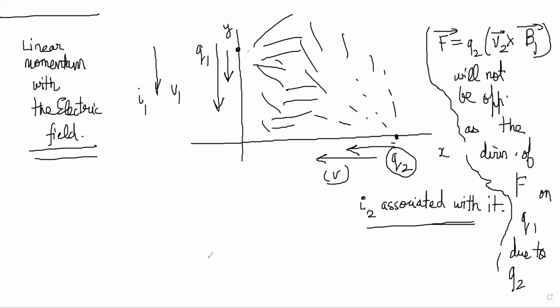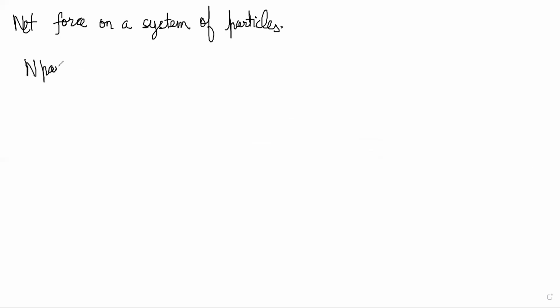Now, what we will think about is what is the net force on a system of particles and what effect it has. There is a system of particles and there are net forces acting on them, and what effect does that have on the system? So let's say there are n particles, correct?